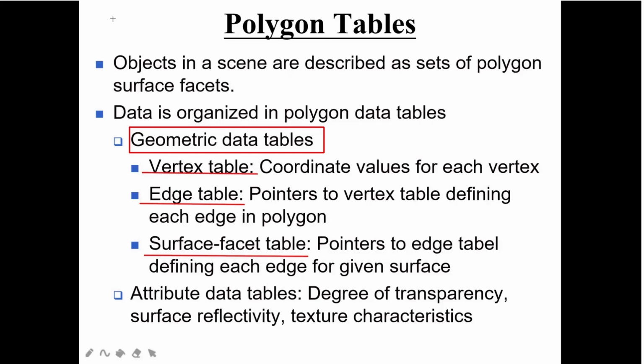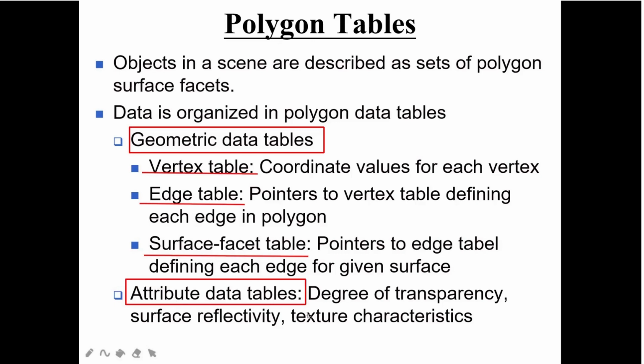And one more will be there, that is known as your attribute data table. In the attribute data table, you have to keep the degree of your transparency, your surface reflectivity, and your texture, all the characteristics.